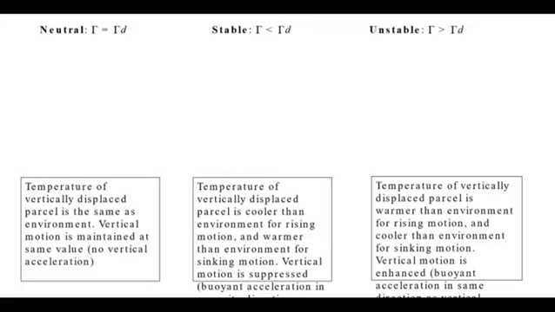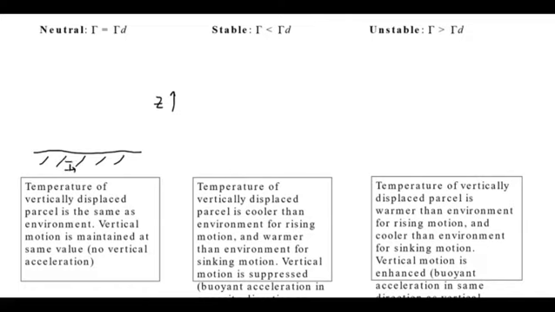So for neutral, here's the surface, and this is z going upwards, and we'll plot temperature as a function of height here. T will increase going this way.